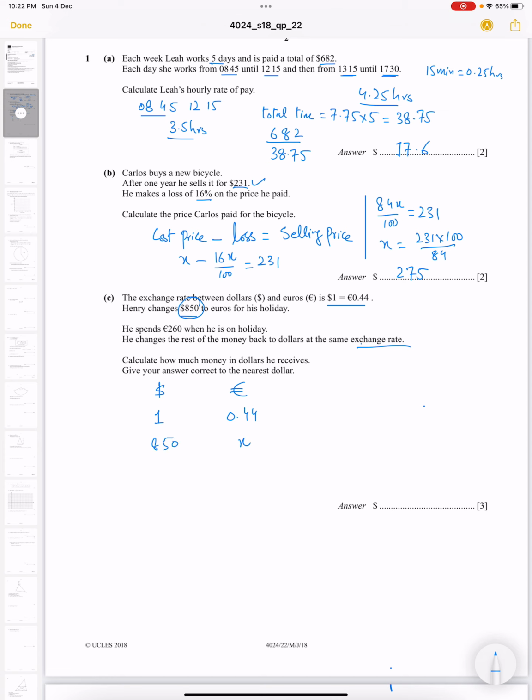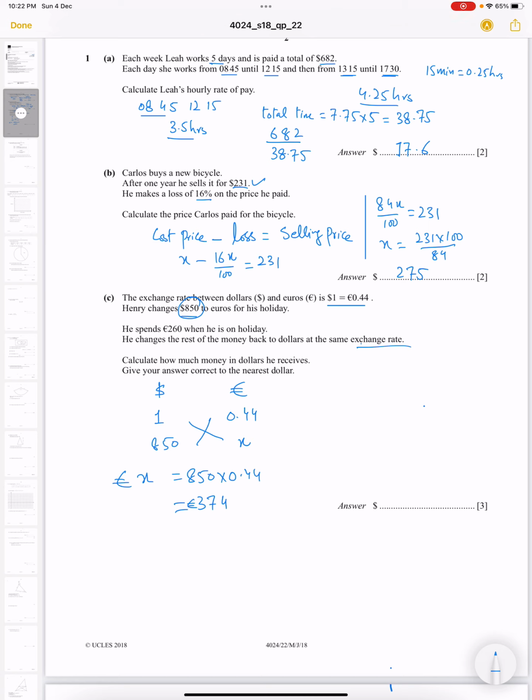and put x here, cross multiply. Since they are directly proportional, we get x, meaning euros, equal to 852 times 0.44, and that will be 374 euros he received.